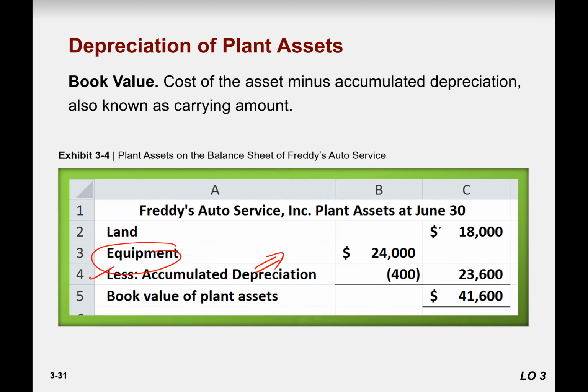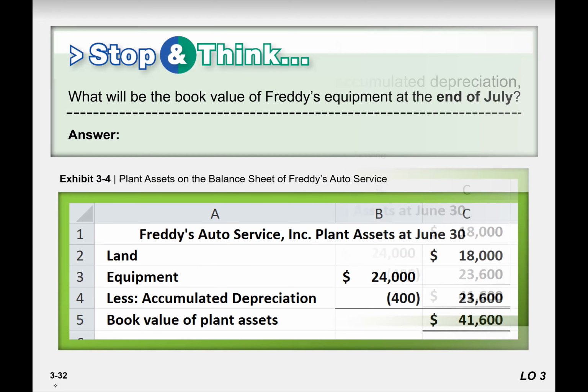In July it will be June depreciation and July depreciation, which means 400 plus 400 becomes 800, and less 800 it becomes 23,200. So it will increase from time to time until it reaches the equipment value. Okay, let's move forward.